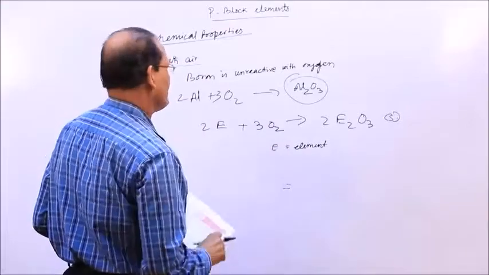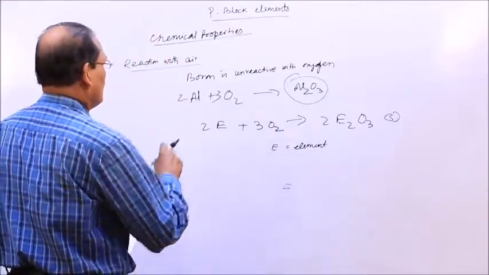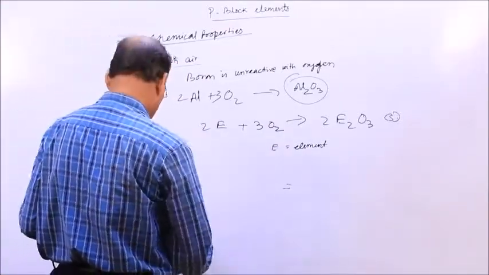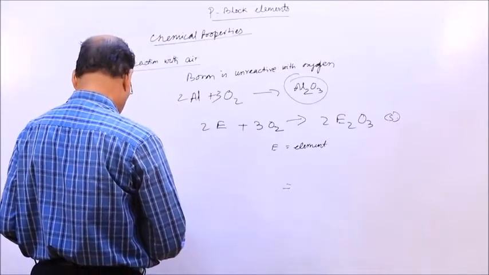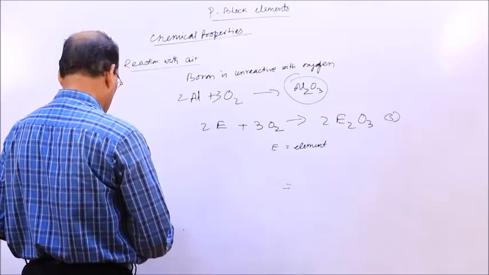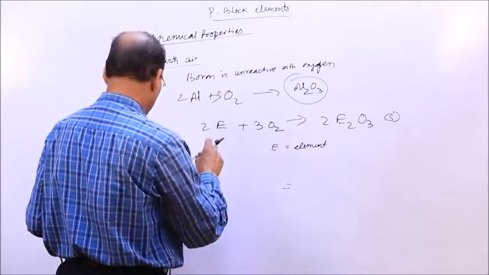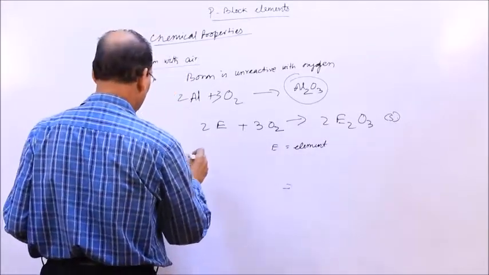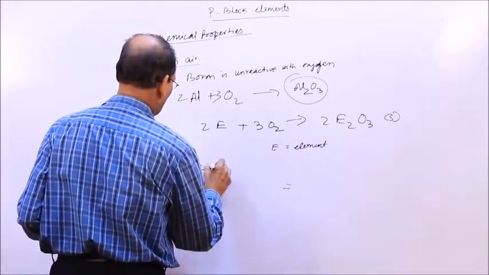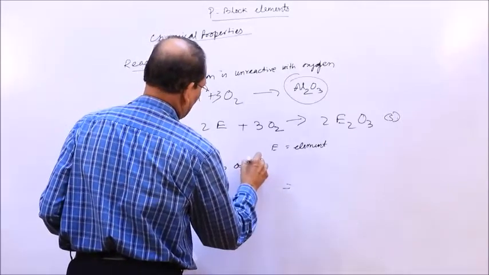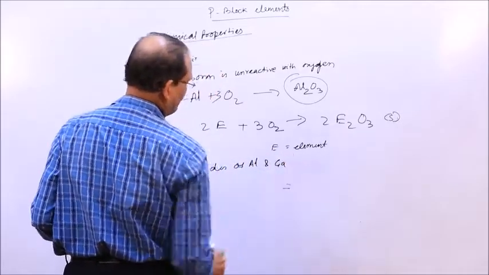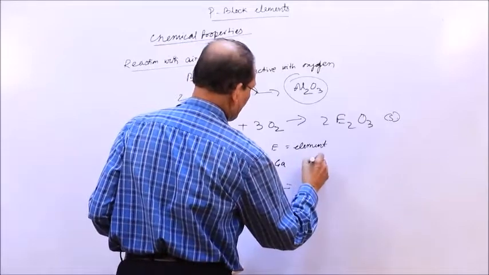Boron trioxide is acidic, and further we will see that the oxides of aluminum and gallium are amphoteric.